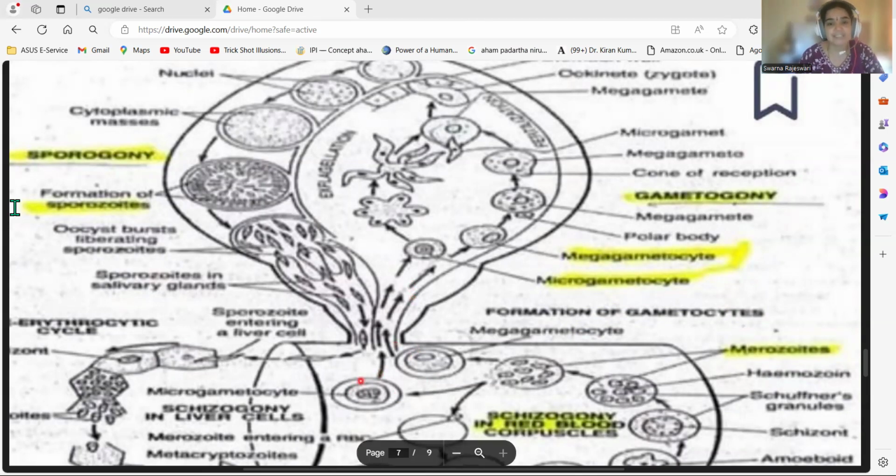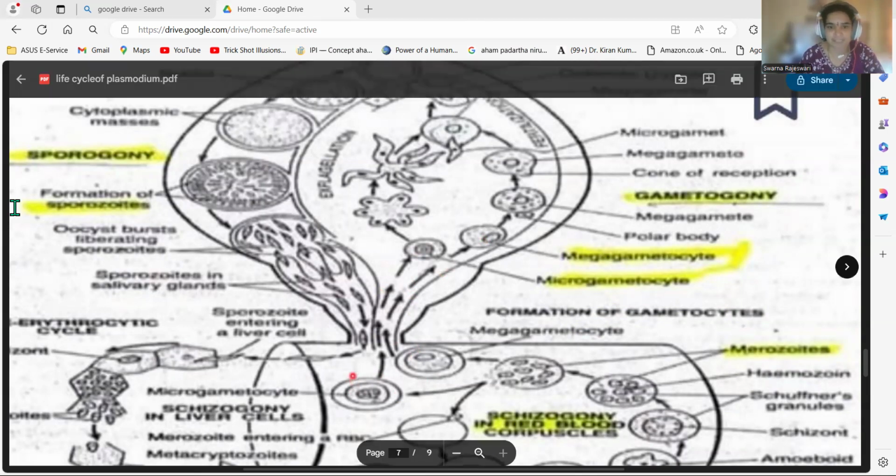So, first here the gametocytic stages, that is the male gametocyte as well as the female gametocyte. So, this is the male gametocyte and this is the female gametocyte. They are entering into the mosquito when this mosquito comes and bites or sucks the blood of a malaria patient.